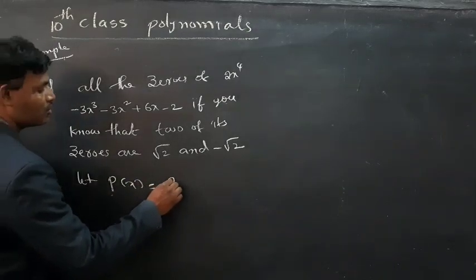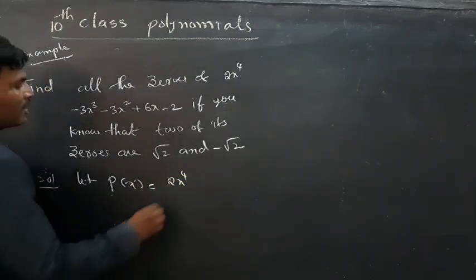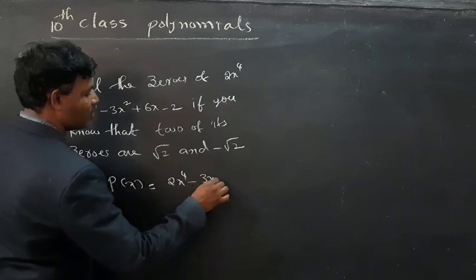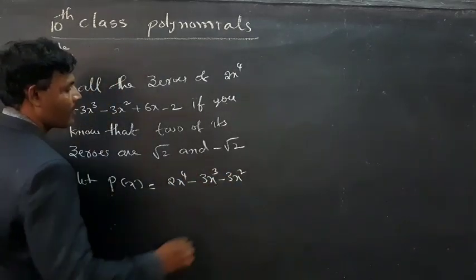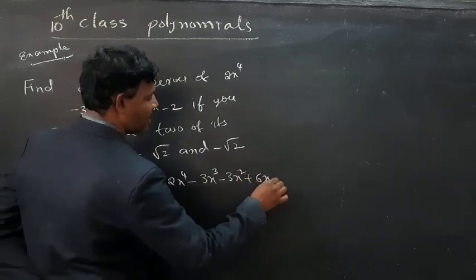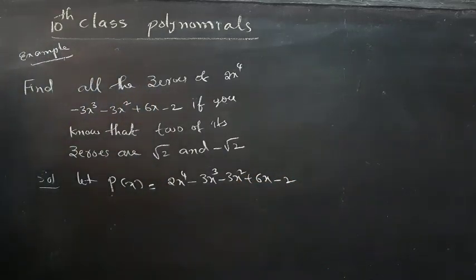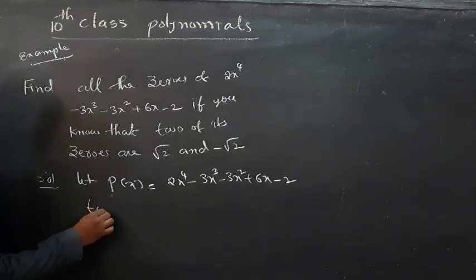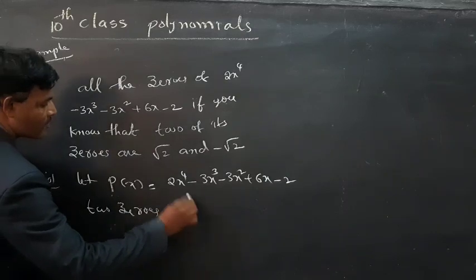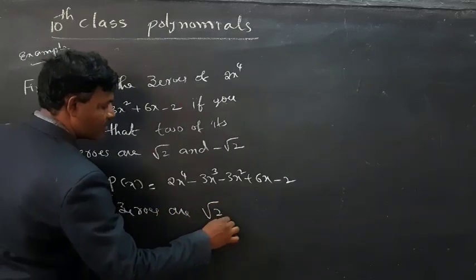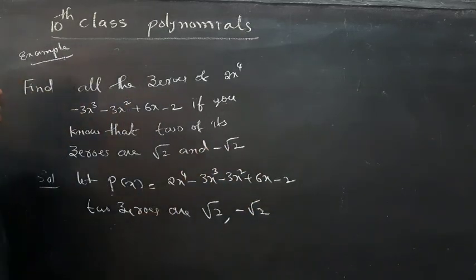What is it? 2x power 4 minus 3x cube minus 3x square plus 6x minus 2. Here two zeros are root 2 and minus root 2.